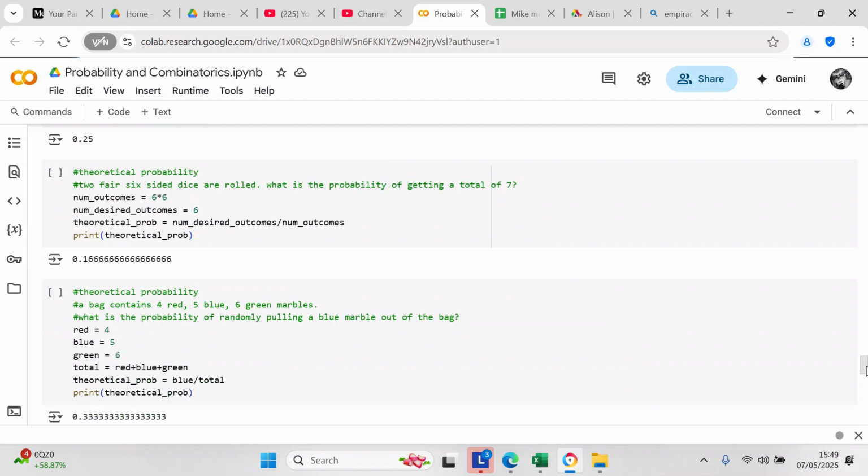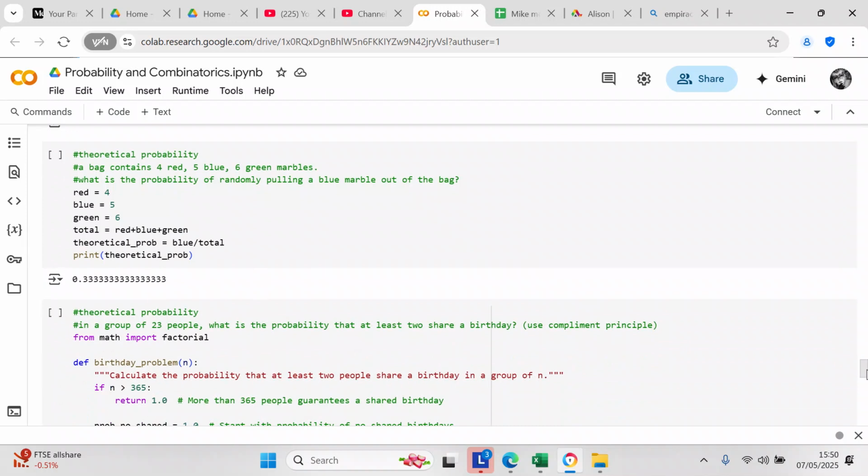The number of desired outcomes is going to be 6, because you can have 1 plus 6 is 7, 2 plus 5 is 7, 3 plus 4 is 7, 4 plus 3 is 7, 5 plus 2 is 7, and 6 plus 1 is 7. So you've got 6 desired outcomes. So your theoretical probability is number of desired outcomes divided by number of outcomes. That's going to be 0.167.